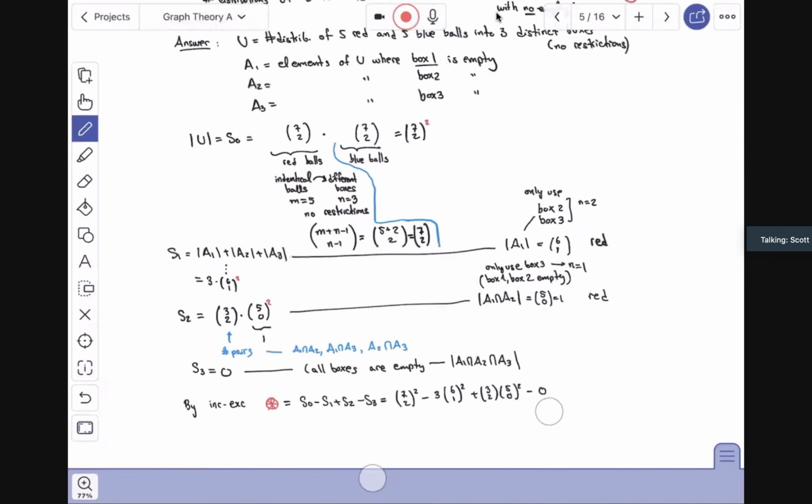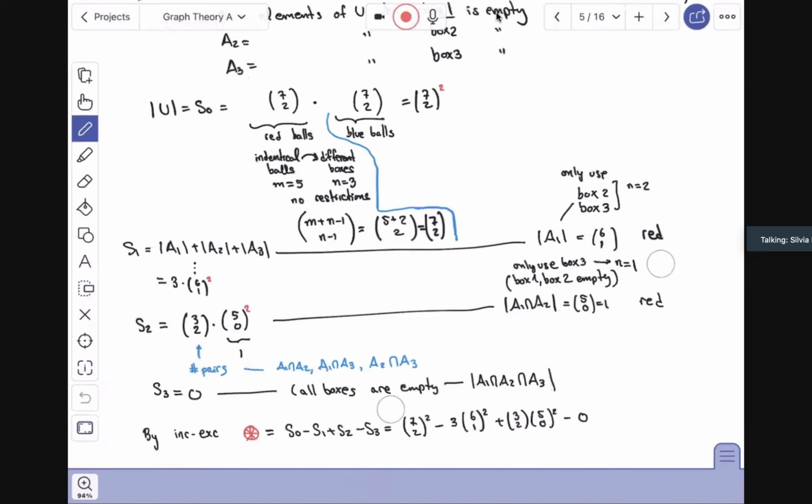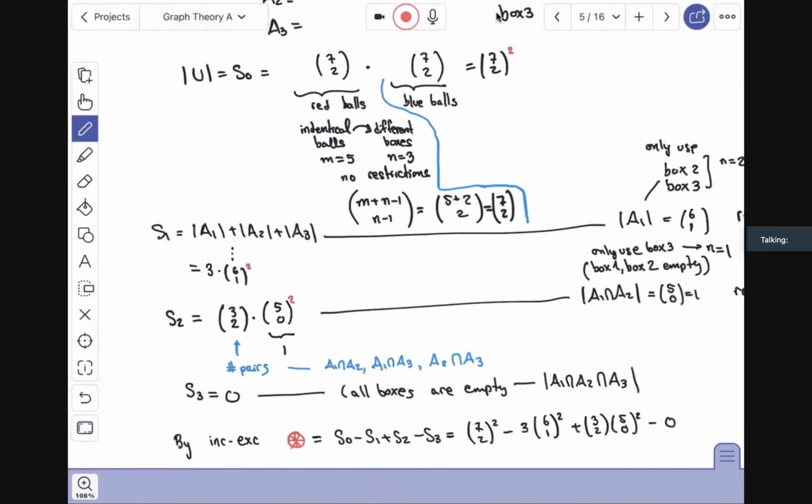I'm still not quite understanding that S2 with the 3 choose 2 out front. Oh, okay. So S2, let me write it here. S2 is equal to the cardinality of A1 intersection A2, plus A1 intersection A3, plus A2 intersection A3. Right? So 3 of them. And for each one of them it's the same work.